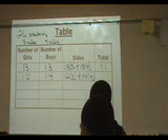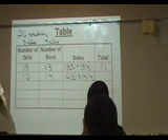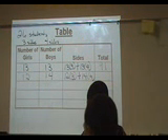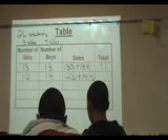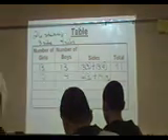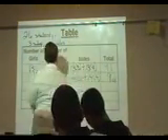What are we going to come up with? 36 and what? 52. I put 65. That's 65. And what is our answer? Should be 92. Let's see.